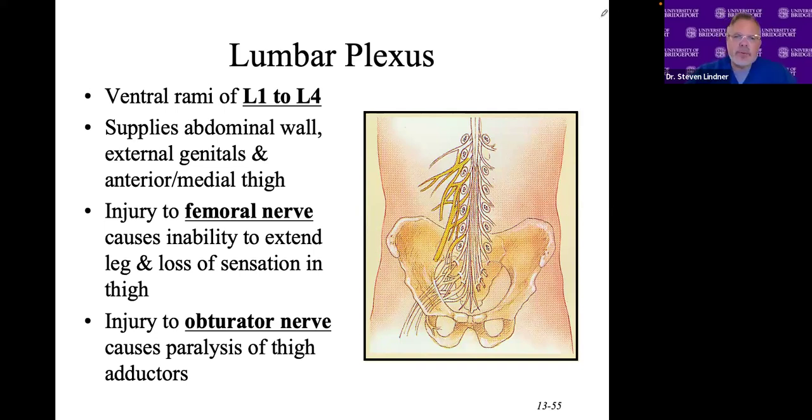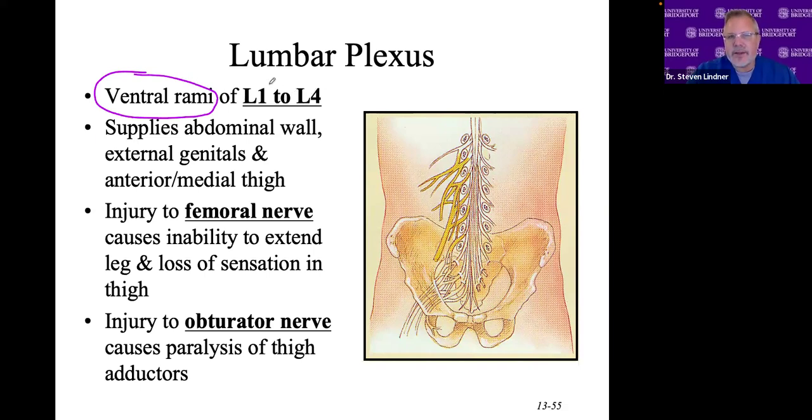So in the lumbar plexus, remember all plexi stem from which rami? You got to think dorsal rami or ventral rami. All plexi stem from the ventral rami, whether it's cervical plexus, brachial plexus, lumbar, or sacral, which are motor. Dorsal rami is sensory.